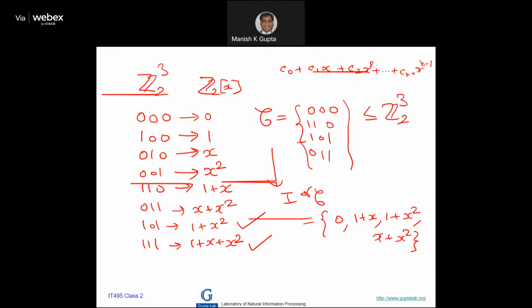Everything is converted into a polynomial by that mapping. Now, what are the properties of this set as a subset of the polynomial ring R3? R3 is Z2[x] modulo x cubed minus 1.